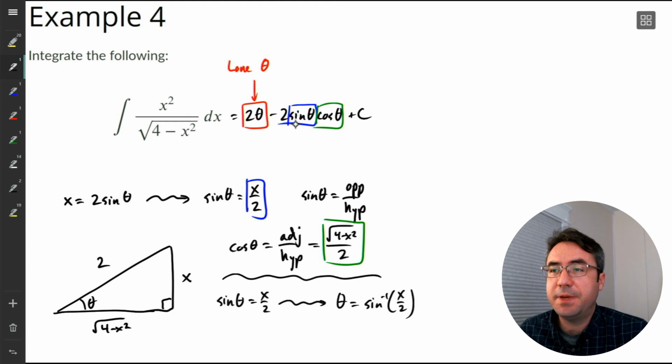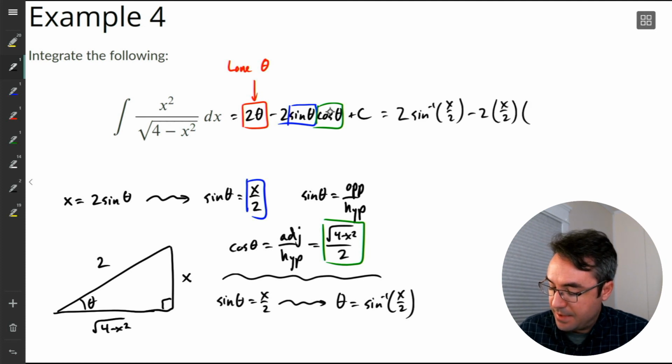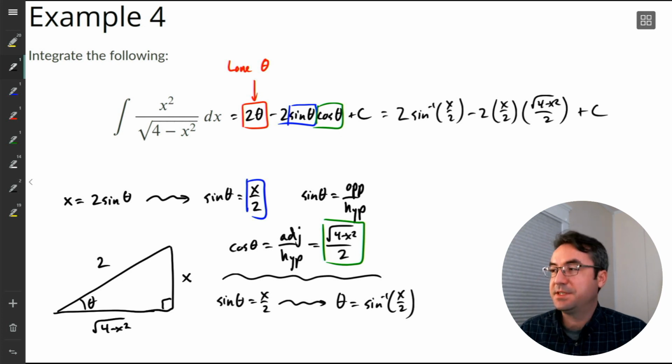And so we have all the pieces now, so let's plug everything in. We're going to end up with 2 times theta, but instead of theta, it's inverse sine of x over 2. Then we have minus 2 times sine theta. Sine theta was x over 2. And then the cosine theta was the square root term over 2. And then plus c. And we just simplify this down.